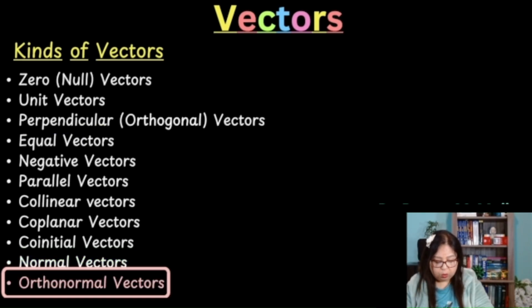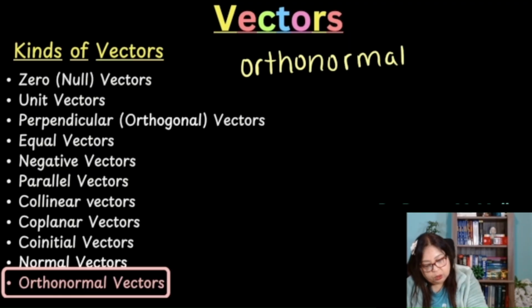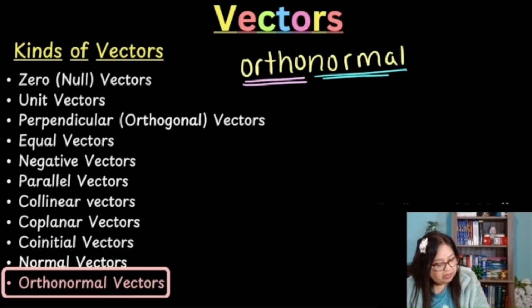Last, orthonormal. What I'm about to say now might sound like I'm contradicting myself, but I'm not. This is how. Orthonormal is a combination of two words: ortho, first, and then normal, second.